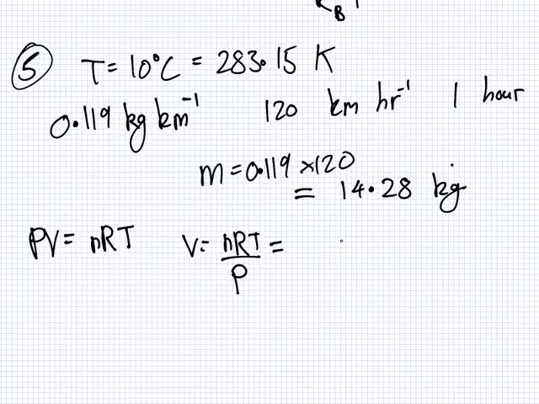So the mass is equal to 119 multiplied by 120. How many grams do I get for every kilometre? 119. How fast is the car going? 120 kilometres every hour. How long does the car drive for? 1 hour. So it drives for 1 hour.